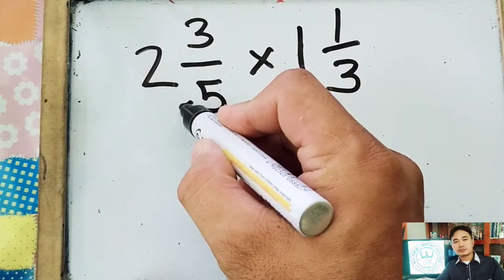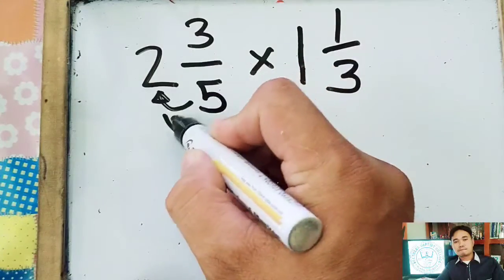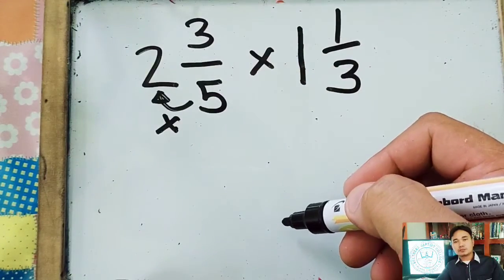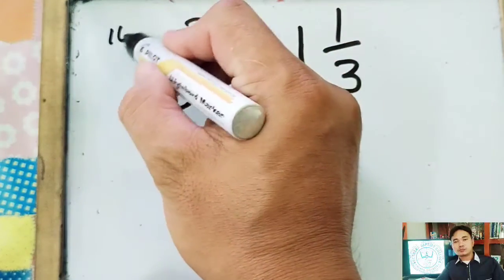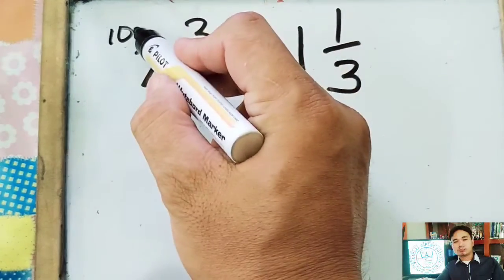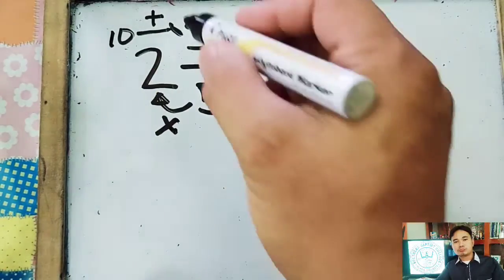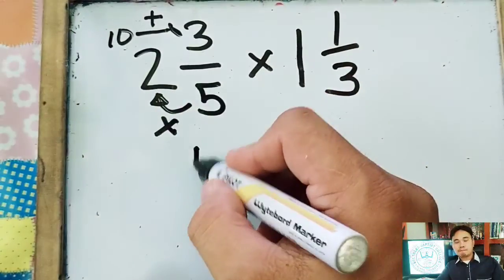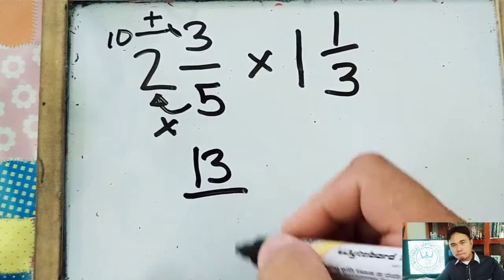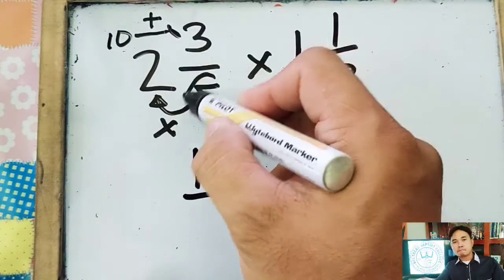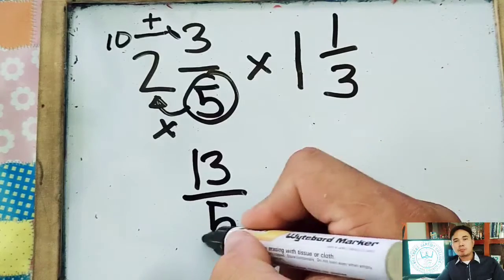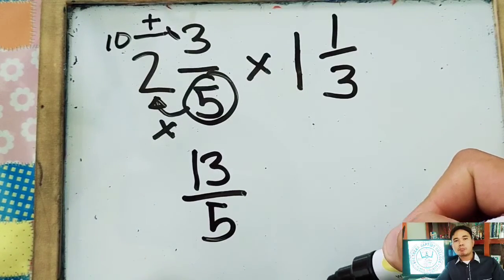So, the step: multiply the denominator with the whole number. 5 times 2 is equal to 10. 10, i-add mo siya sa numerator. 10 plus 3 is equal to 13. So, 13 is your numerator for your improper fraction, and copy the denominator 5.